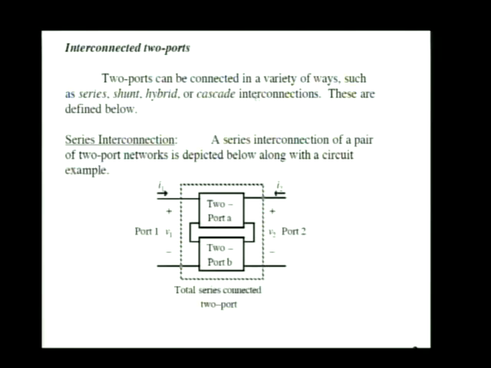This is a very interesting and common type of thing to do with a pair of two ports. And I'm going to assume that we've got two ports, one called two-port A and the other called two-port B, and I'm going to connect them together in various ways.